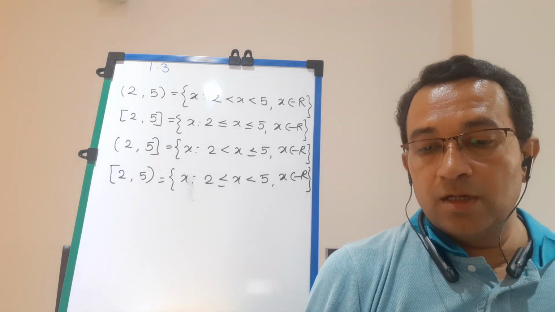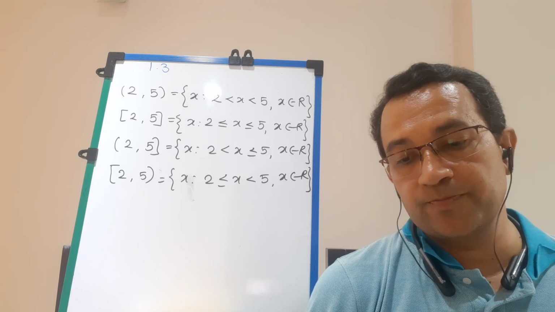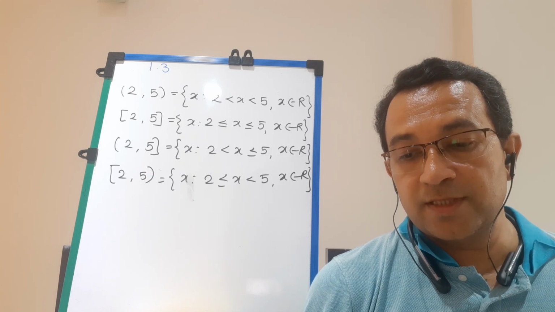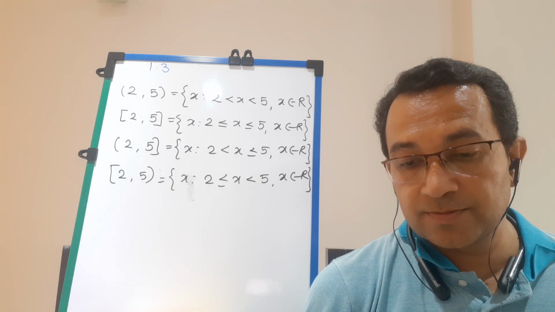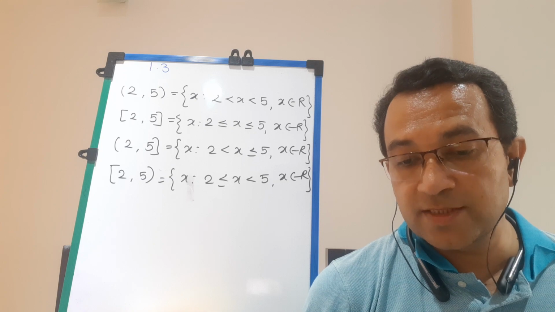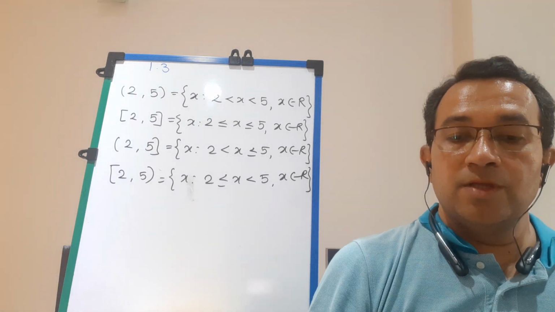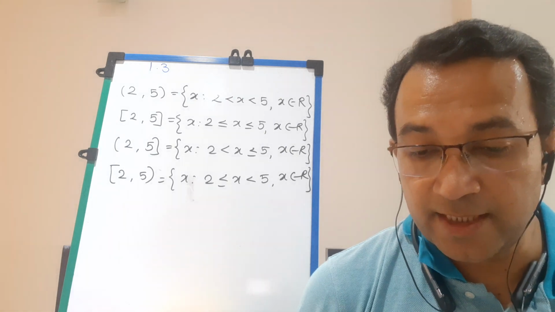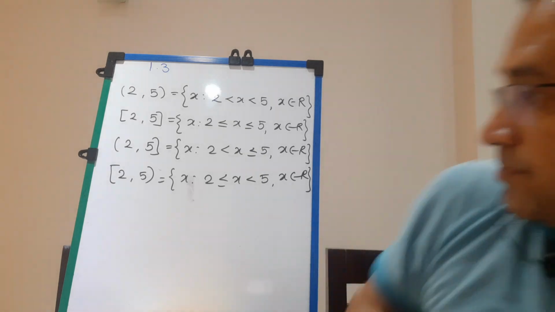Now let us understand question 6, students. It is based on this only. Write the following sets as intervals. The first is x such that x belongs to R, minus 4 less than x less than or equal to 6.